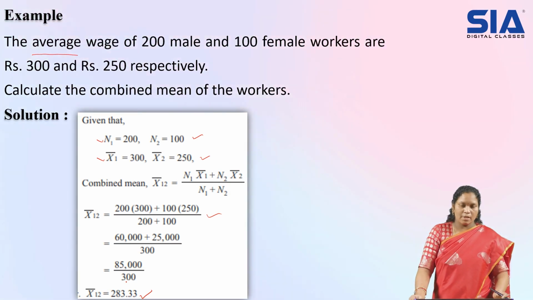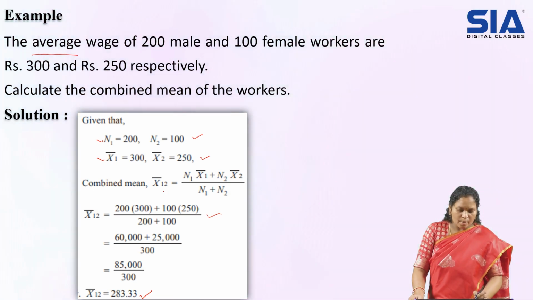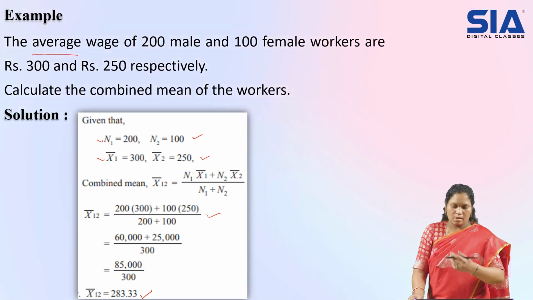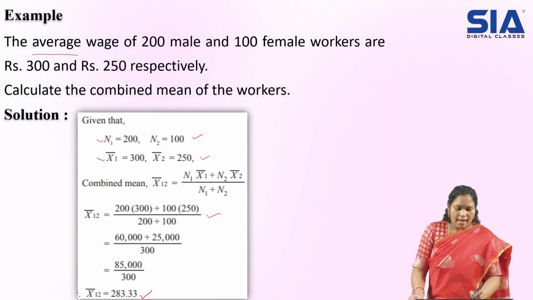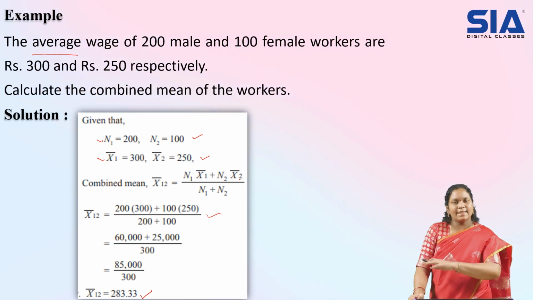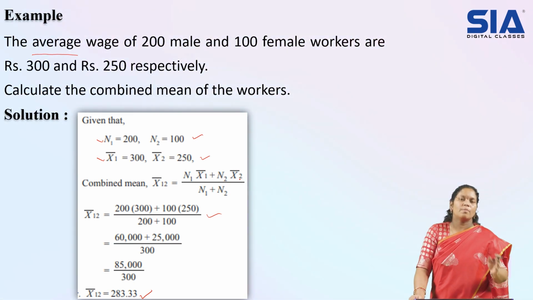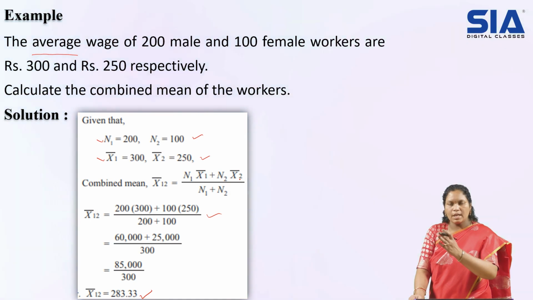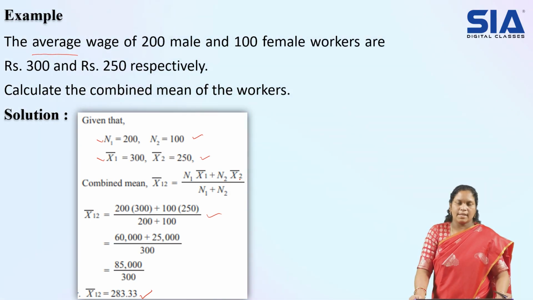Then the formula: for two, it was n1 x1 bar plus n2 x2 bar. If third data is included, then it is n1 x1 bar plus n2 x2 bar plus n3 x3 bar, by n1 plus n2 plus n3. However many averages they have given, you go on adding and dividing. That is how the combined mean is done.